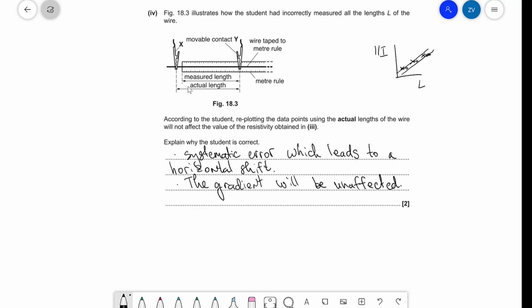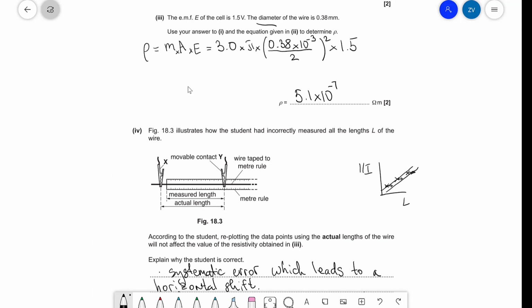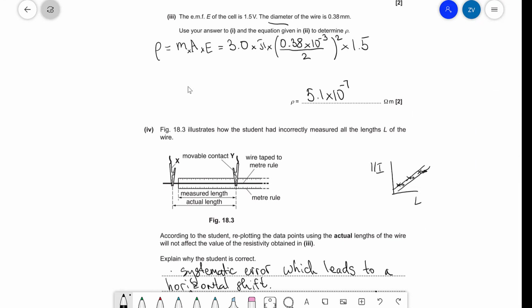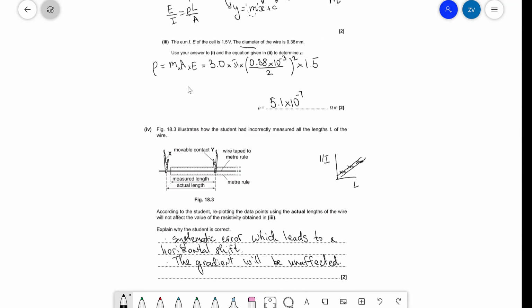If there's no effect on the gradient, well, there won't be any effect on our calculation for the resistivity, because there's no effect on the gradient, there's no effect on the area, there's no effect on the EMF as well. And if that's the case, our calculation of the resistivity will be just fine.